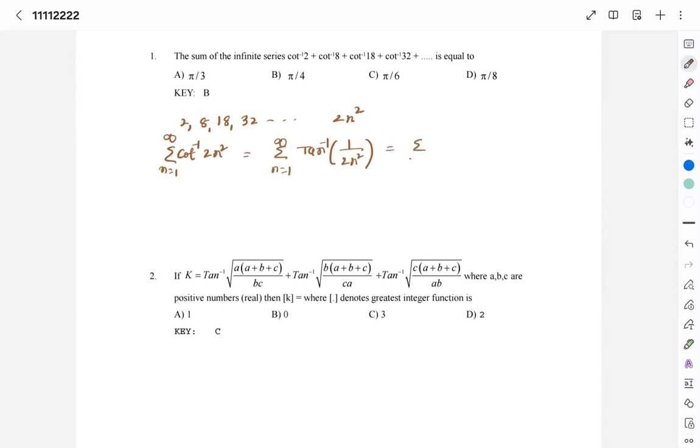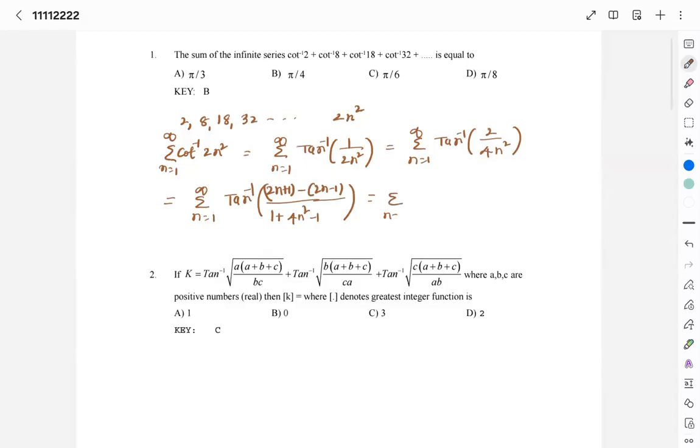Sigma tan inverse 2 by 4n square, tan inverse 1 plus, here it is 2n plus 1, sigma n equal to 1 to infinity.